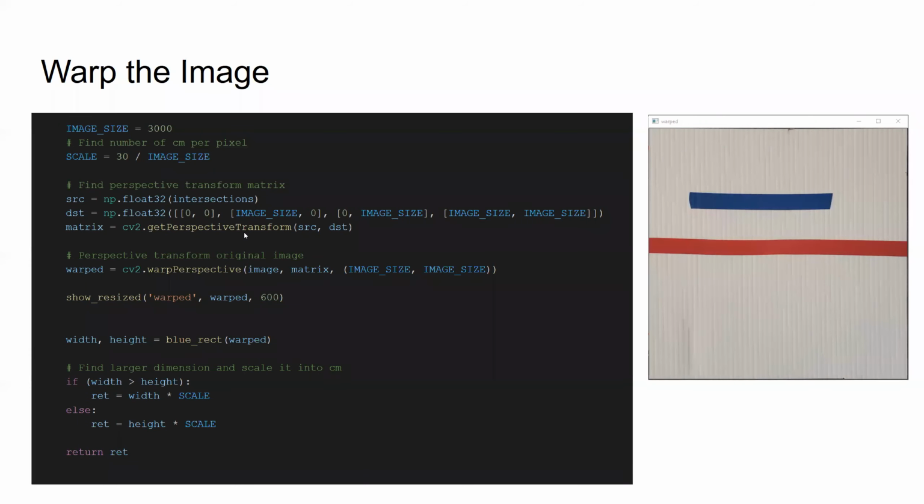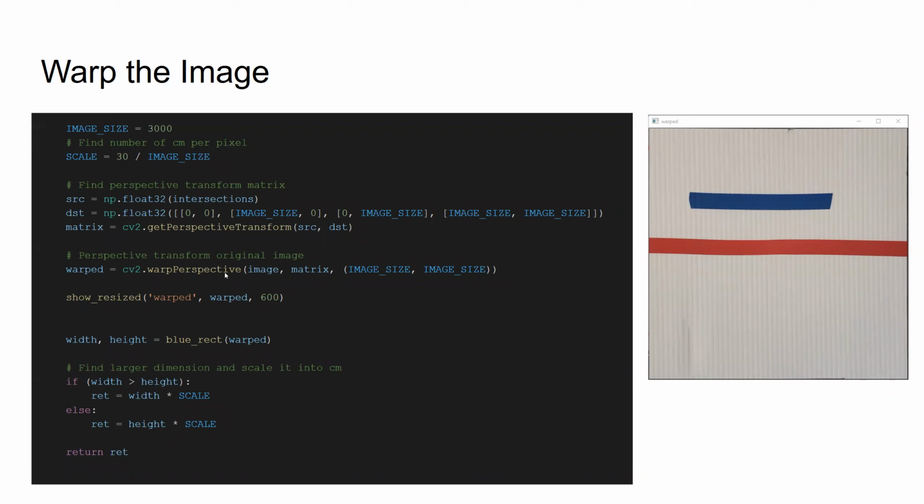So the get perspective transform method in OpenCV will give us a matrix that transforms from our original image into a warped image, where we're making the square or whatever quadrilateral we found into a perfect square. The intersections is just the list of 4 intersection points we have. That's our source list of coordinates, and then we define this destination, which is just a square of 3000 pixels on each side.